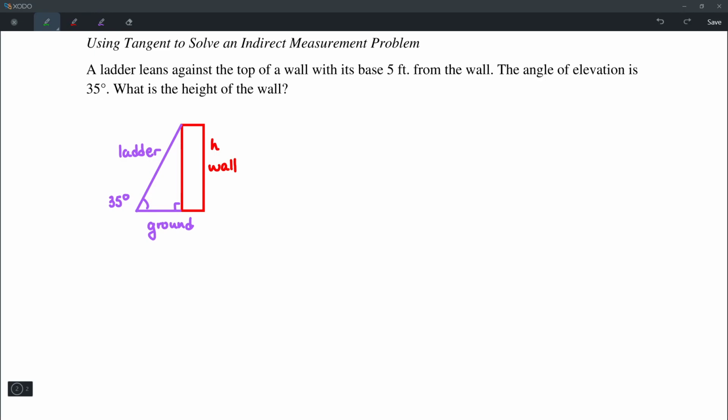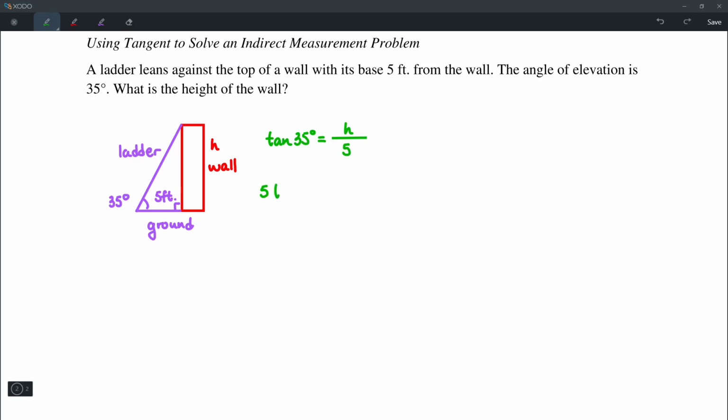And it's simply a tangent question. So tangent of 35 degrees, the angle of elevation, is equal to the opposite side, which is the wall. So that's h. And the base of the ladder is 5 feet from the wall. So this is 5 feet. So we just have h over 5 on the right-hand side.